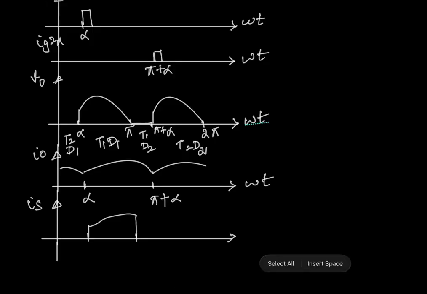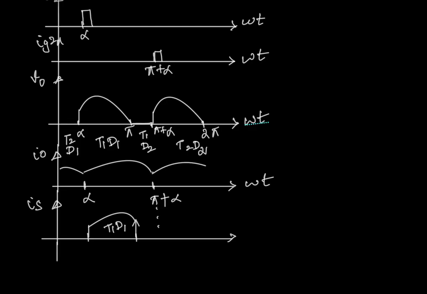The input current will be the same as the output current during T1 and T1 conducting. This current will be carried by T1 and T1. And during the freewheeling mode, the input current will be 0.